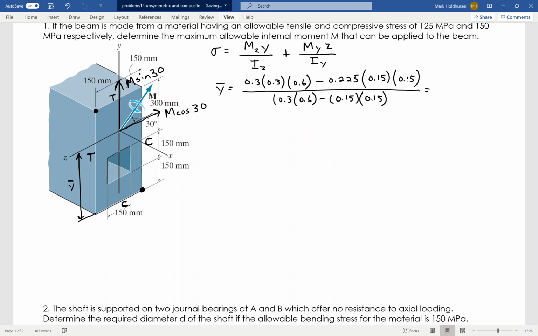So that's how I find where the centroid, where that neutral axis, is located. Calculating that, I get about 310 millimeters, or 0.31 meters up from the bottom.